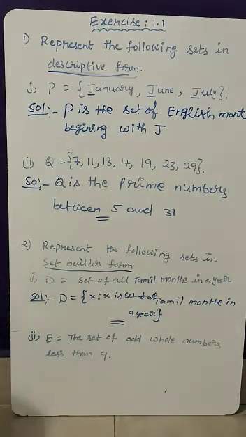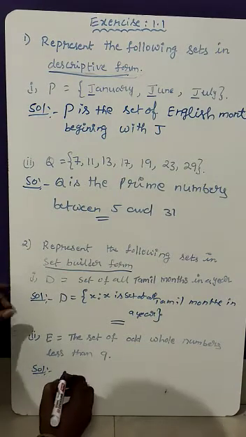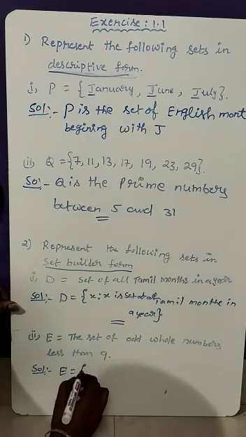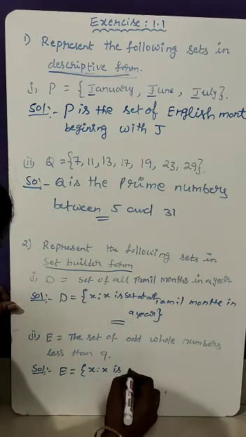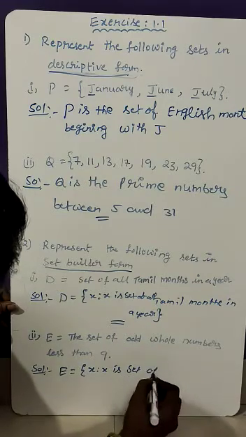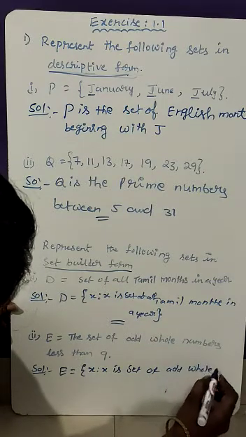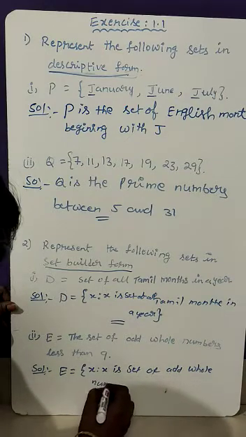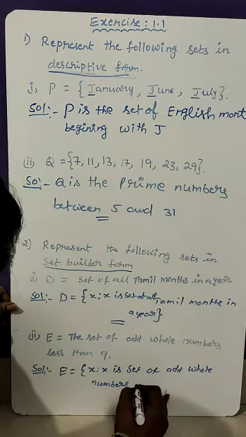And then one more example sum is, E is equal to the set of odd whole numbers less than 9. E is equal to x such that x is set of all odd whole numbers less than 9.